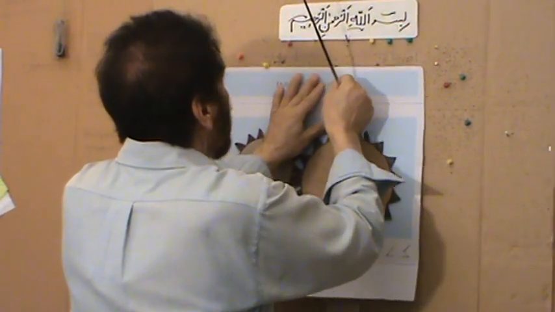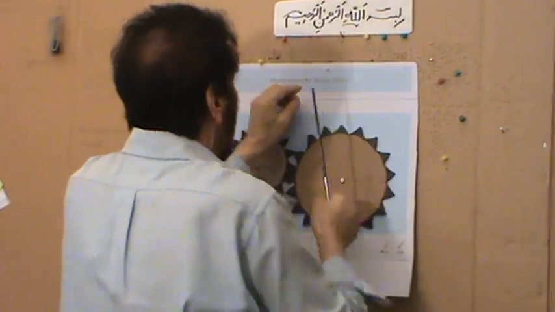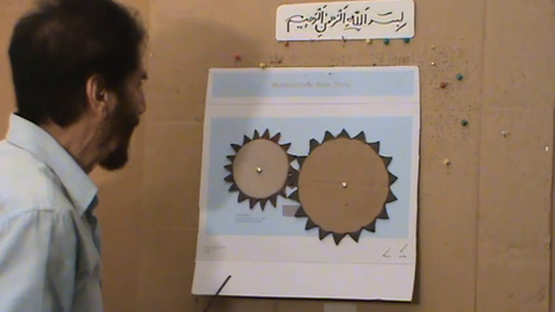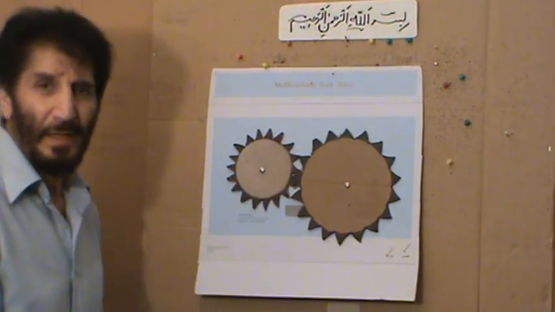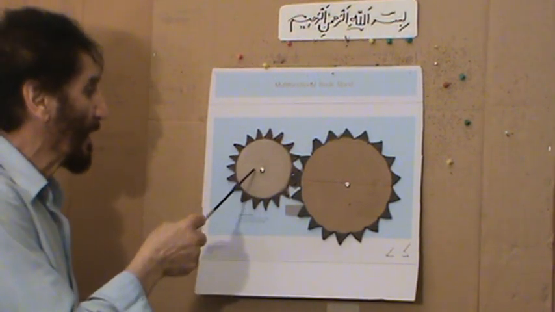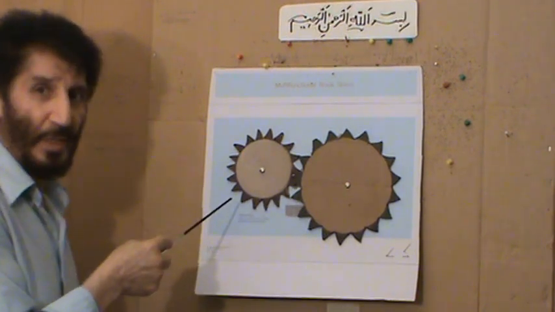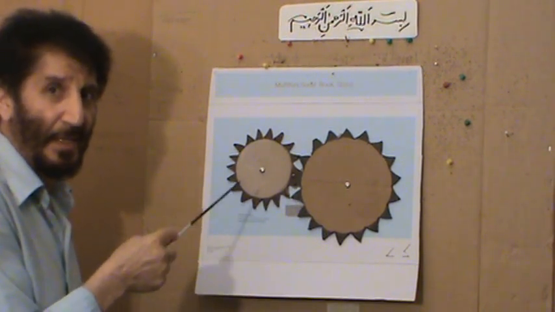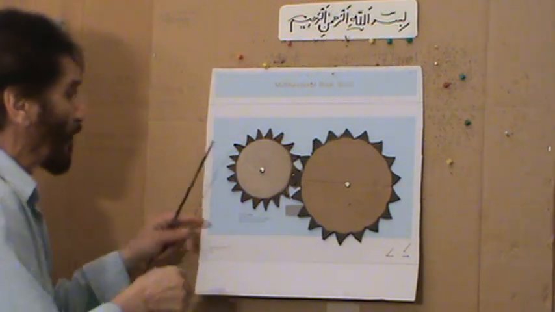Hopefully it stays. Okay, here these are now. In the demonstration that I'm going to make, this is the one that has the radius of 2, this has the radius of 3, then the smaller one, which initiates the rotation, is going to be here. I will show you soon. So now look at that one.